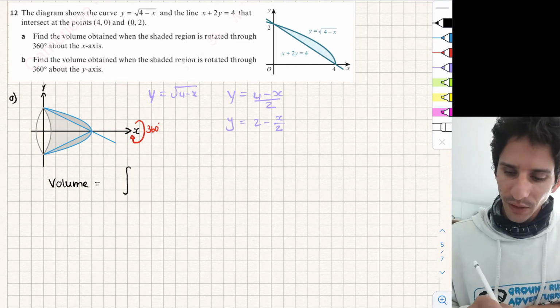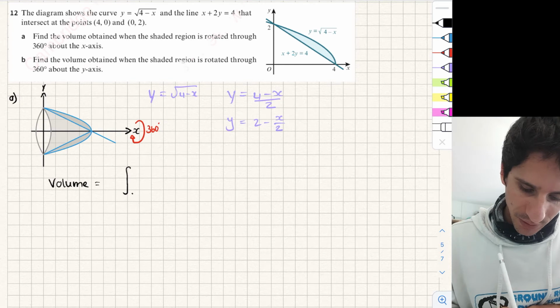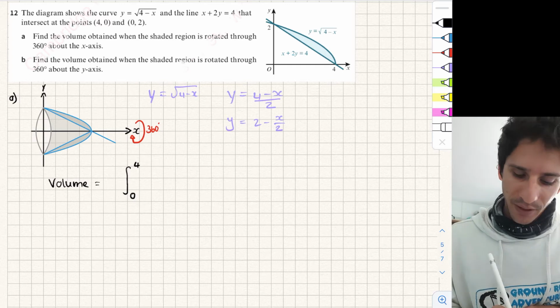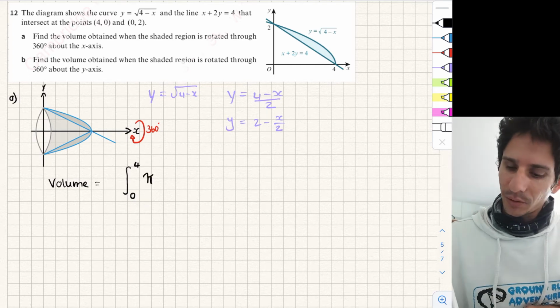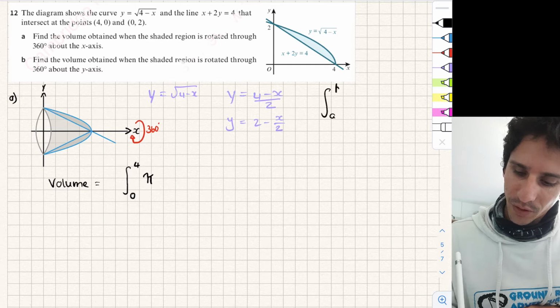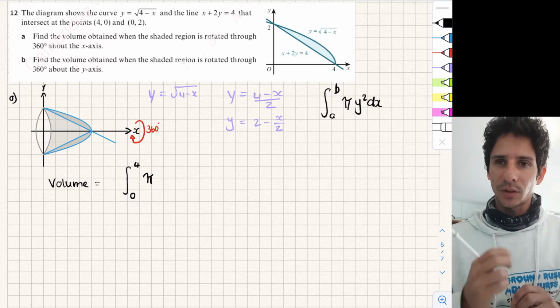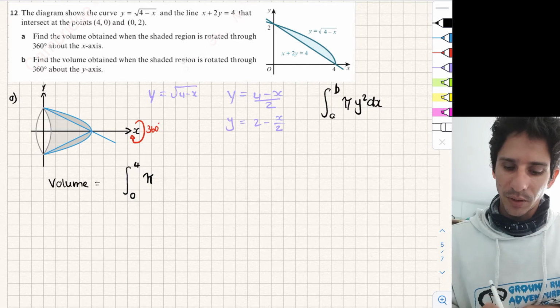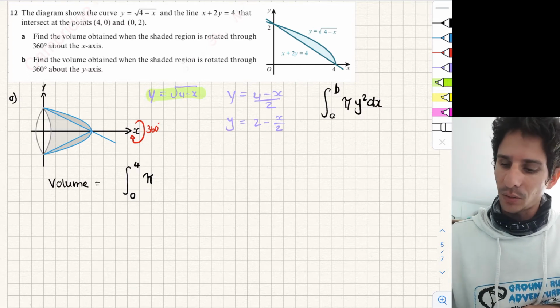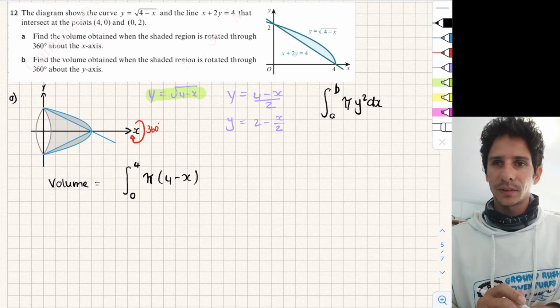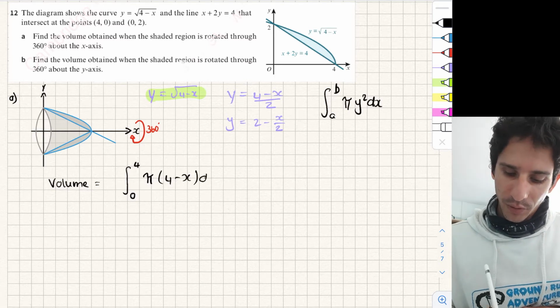The boundaries are from x equals 0 to x equals 4 as shown on the graph, and we have pi. I'm going to write the volume formula here off to the side just so that we can keep track of what we're adding in. We need y squared for the top line, which will just be this equation squared, and when I square that equation, all that's going to happen is I'm going to get 4 minus x, with respect to x.